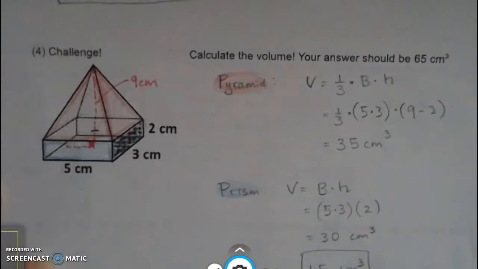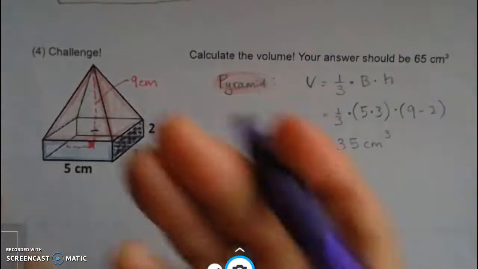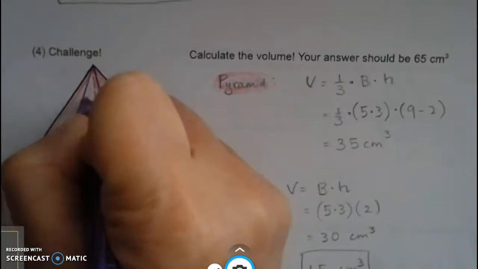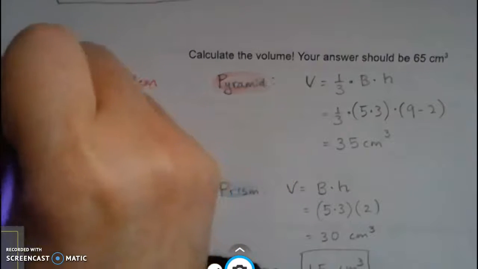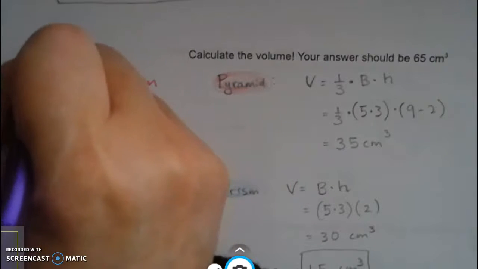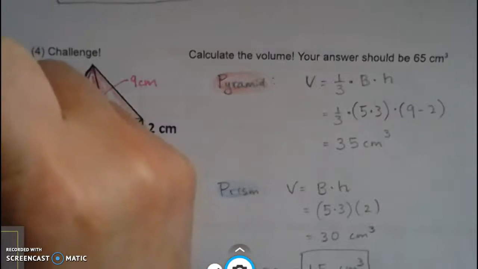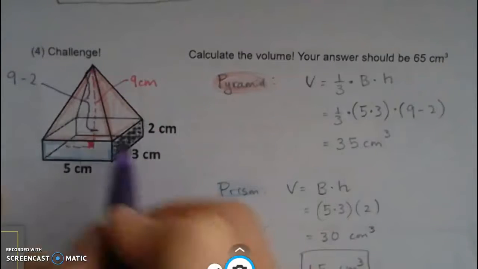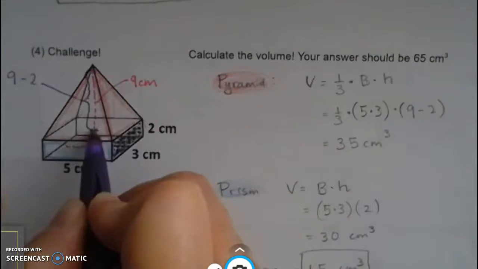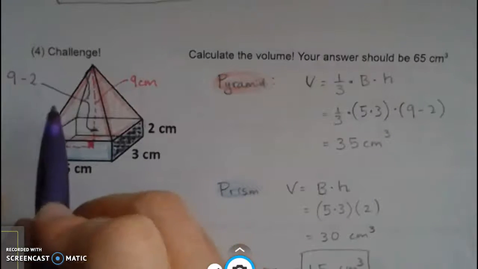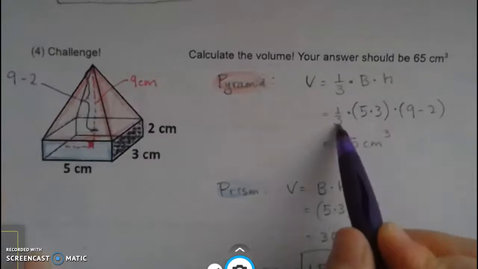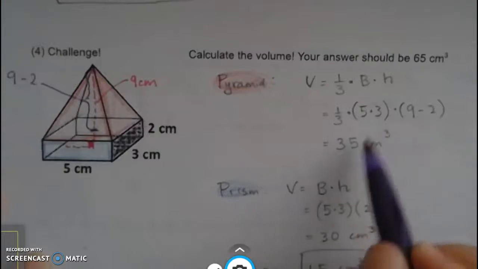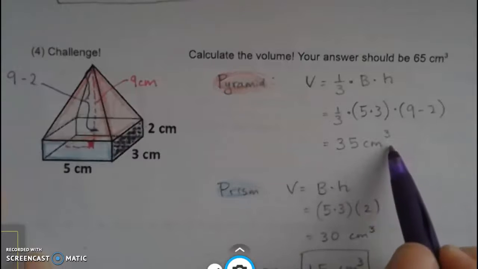This is going to be the height that we're interested in, and this is 9 minus 2. Height of the pyramid itself is 9 minus 2, which is 7. 7 times 15 divided by 3 is like 7 times 5, which is 35 centimeters cubed.